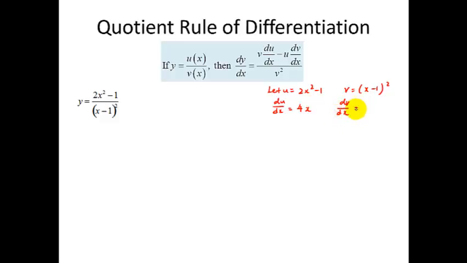Differentiating (x minus 1) squared with respect to x, I get 2(x minus 1) power 1. And don't forget, I need to differentiate the function x minus 1 with respect to x. So that gives me 1.